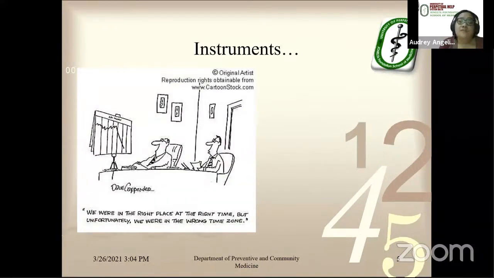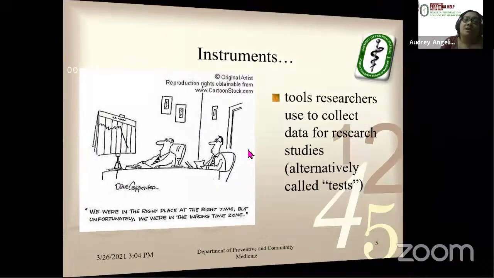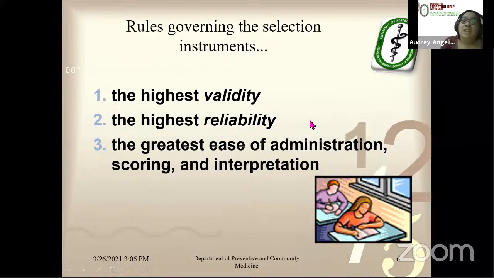Okay. For instruments, these are tools that researchers use to collect data for research studies. These would be your surveys, your experiments, etc. But using instruments, we have to make sure that they would not produce any error, thereby having the highest validity and highest reliability.